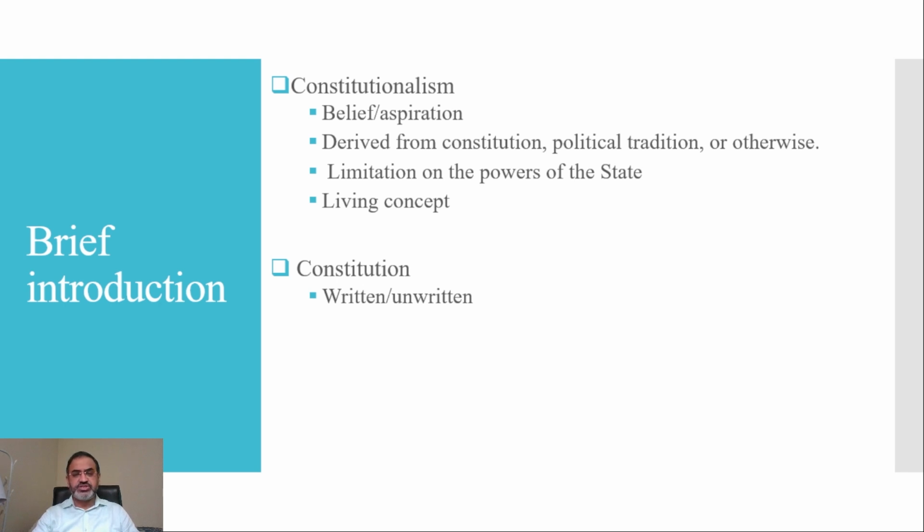No such situation arose in the United Kingdom because of its own peculiar history, and that is why the United Kingdom continued with its tradition of legislations being supreme, and parliamentary sovereignty is something that is the ultimate authority so far as the United Kingdom is concerned.